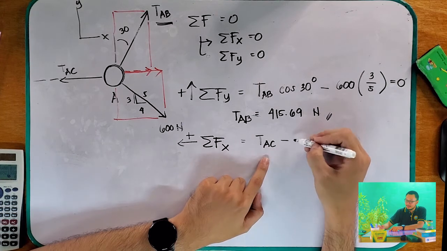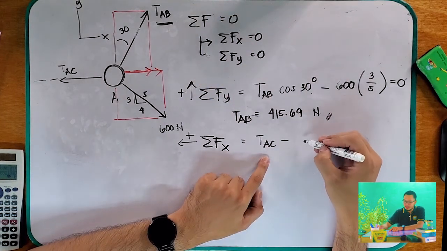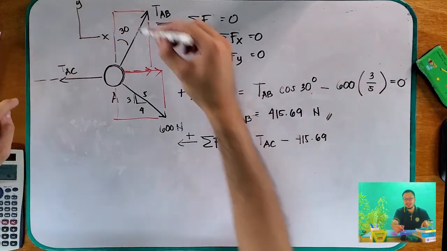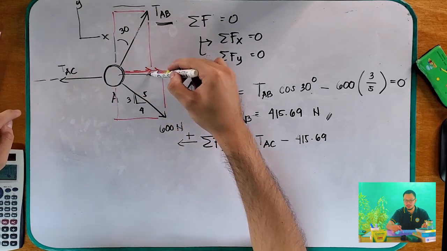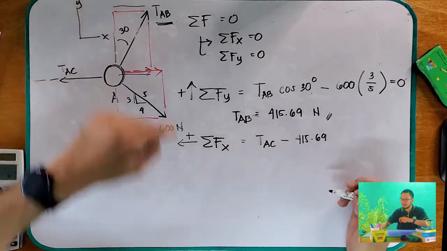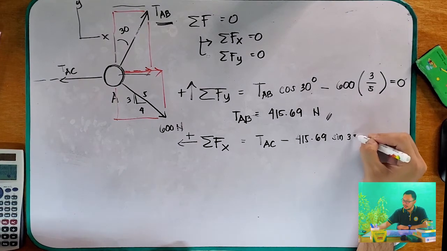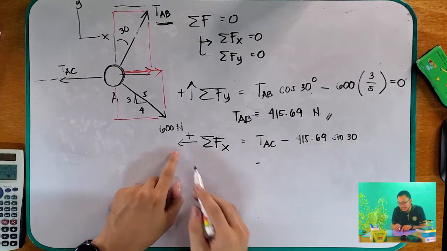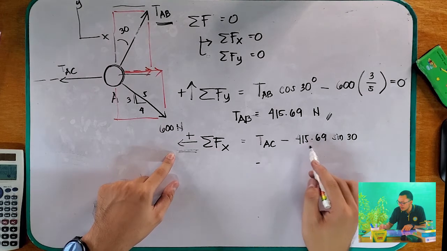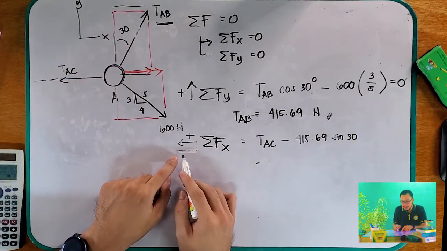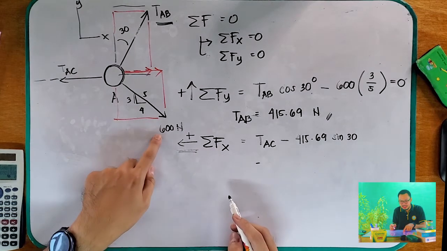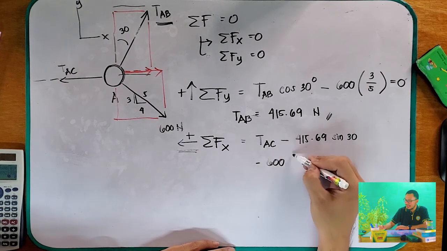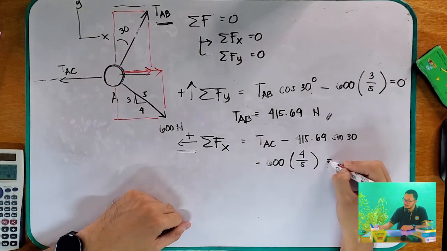So, TAC minus, first the TAB, which is 415.69. This has the same magnitude as the one below. So we use opposite over hypotenuse, that is sine of 30, minus, because it is opposite to our assumed direction, minus 415.69. And our 600 is directed here, that is why it is negative, minus 600 times 4 over 5 is equal to 0.